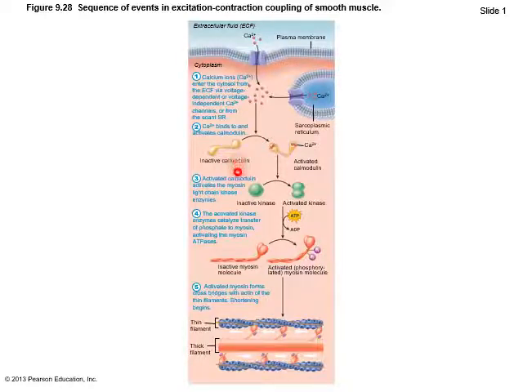It has something called calmodulin. And the calcium binds to calmodulin. So no troponin, remember that, because troponin is what you see in skeletal muscle. So it binds to calmodulin. Calmodulin activates this enzyme that's called a kinase. The kinase is what hydrolyzes ATP and passes this along to the myosin head. And then the myosin head attaches to the actin, and then you get the contraction of the muscle fiber.